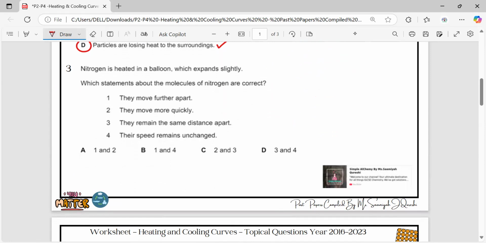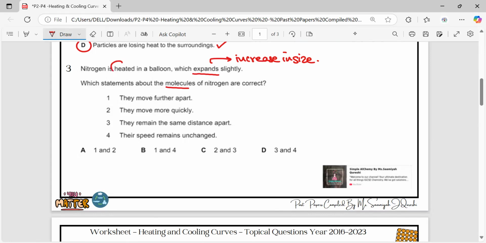Question number 3. Nitrogen is heated in a balloon which expands slightly. Expands means it increases in size. Which statements about the molecules of nitrogen are correct? They move further apart, they move more quickly, they remain the same distance apart, and their speed remains unchanged.